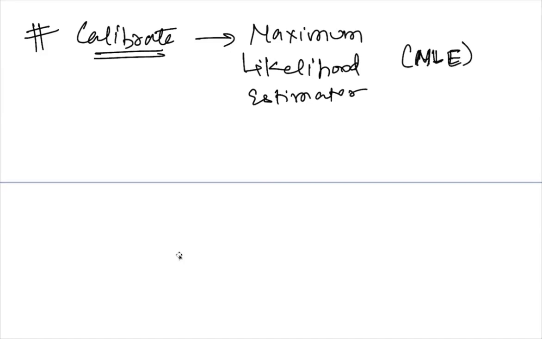So this is MLE, the maximum likelihood estimator. Now let's see what MLE is. Mostly you might have studied the concept of MLE in your statistics class, and it is mostly used for parametric estimation.